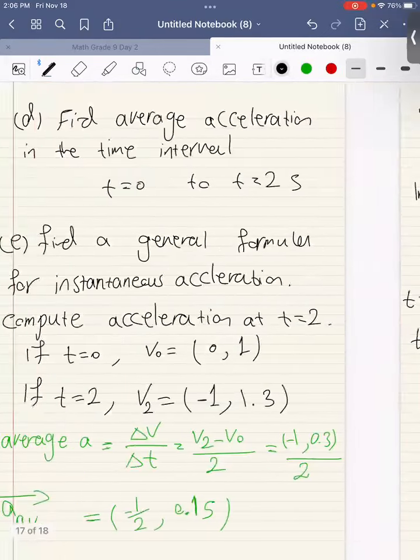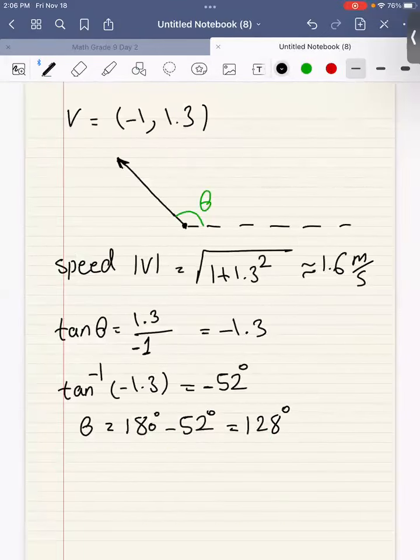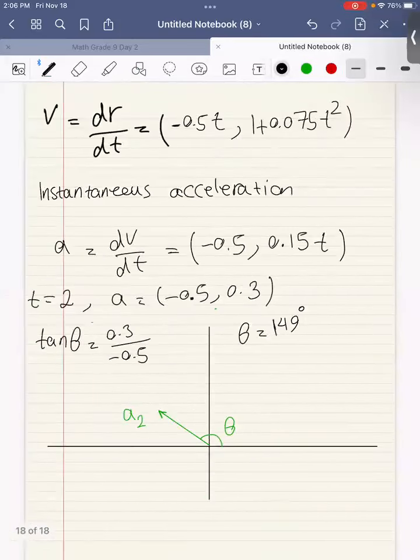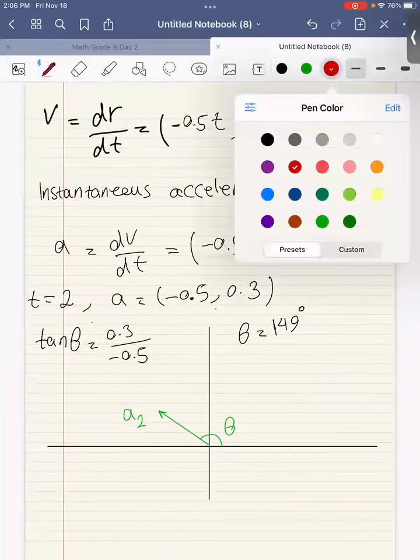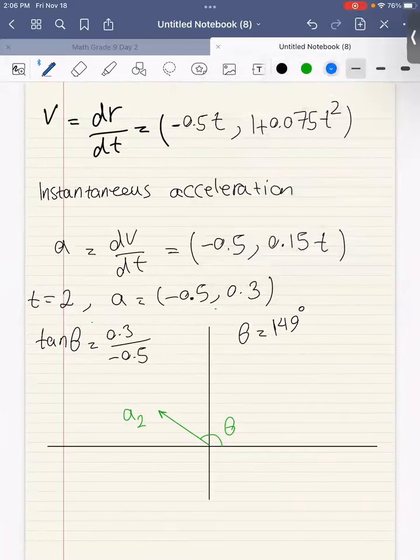And let's compare it to the velocity. Velocity was -1 and 1.3. Let me try to draw it here. The velocity is something like this, right?